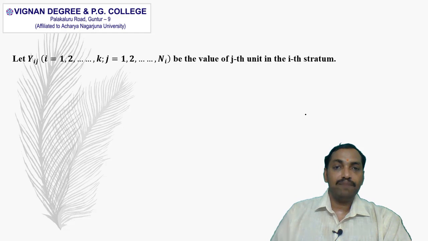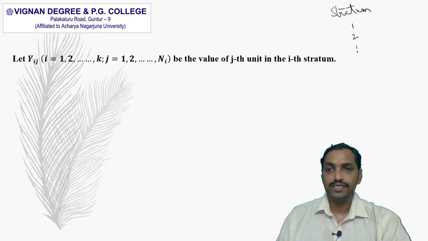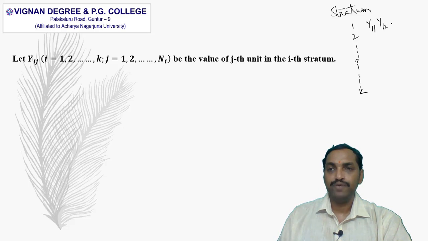Next, let capital Yij be the value of the jth unit in the ith stratum. Suppose we are dividing the population into several strata, so those strata can be numbered 1, 2, 3 and so on, i, and so on up to k. Each stratum comprises the elements capital Y11, capital Y12 and so on up to capital Y1N1 in the first stratum.